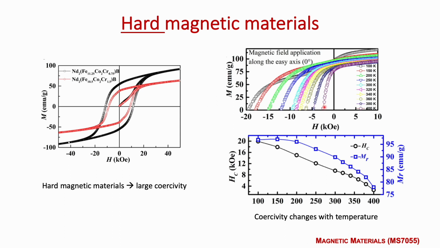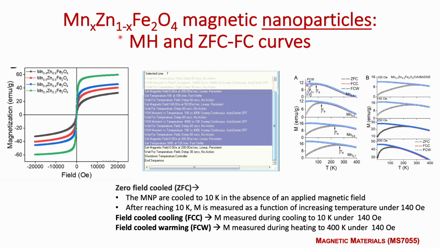And at high temperature, the coercivity decreases, and the magnetic remanence also decreases. So these parameters are very useful to know the strength of the permanent magnet. From here we can get the BH max and so on.